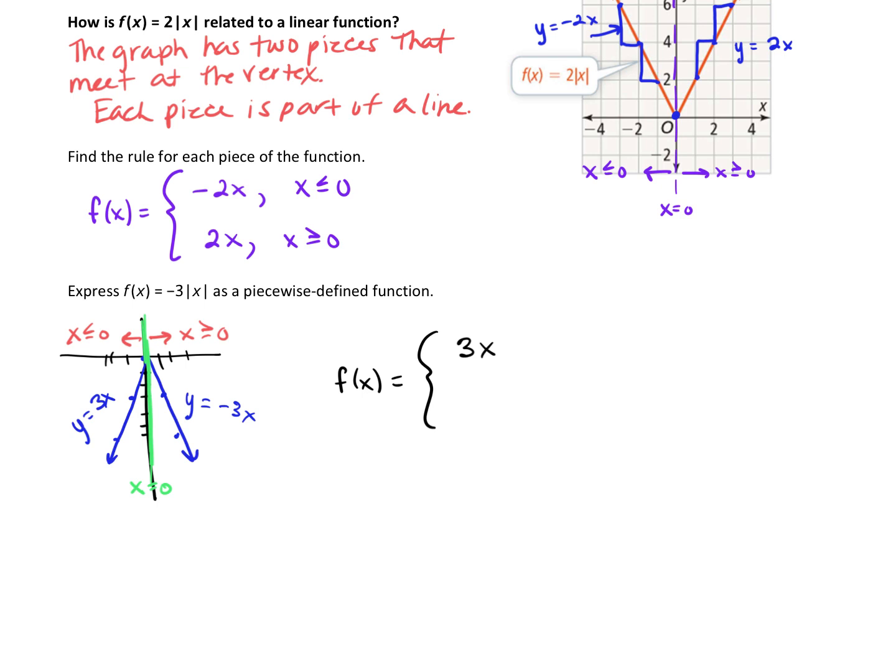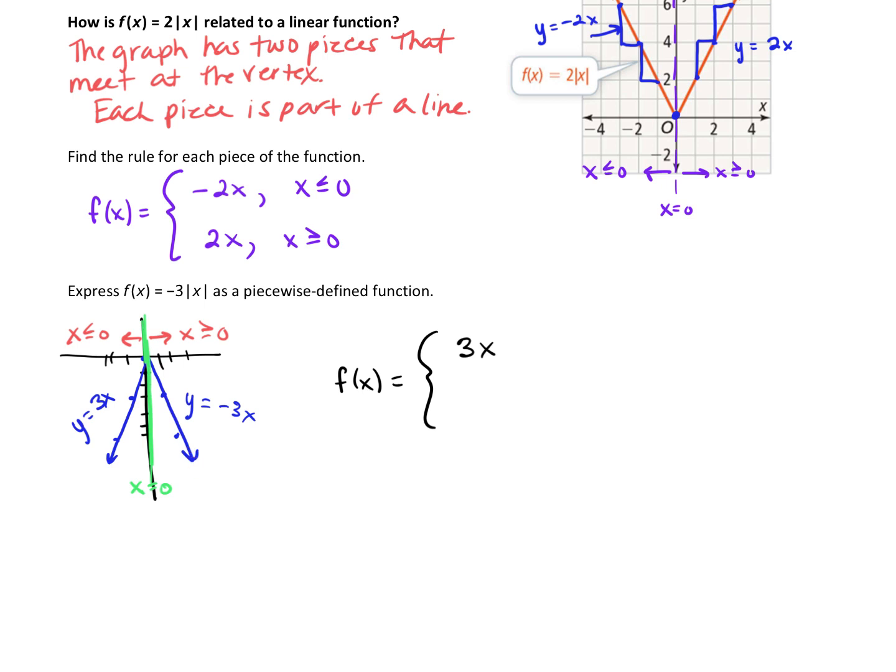Now here's something that I kind of made a mistake on up above, so I apologize. When x is equal to 0, this one spot, I can't say that it's on this line and on this line. It's only going to be on one of the lines. So we're just going to put this point at 0 on the greater than side.